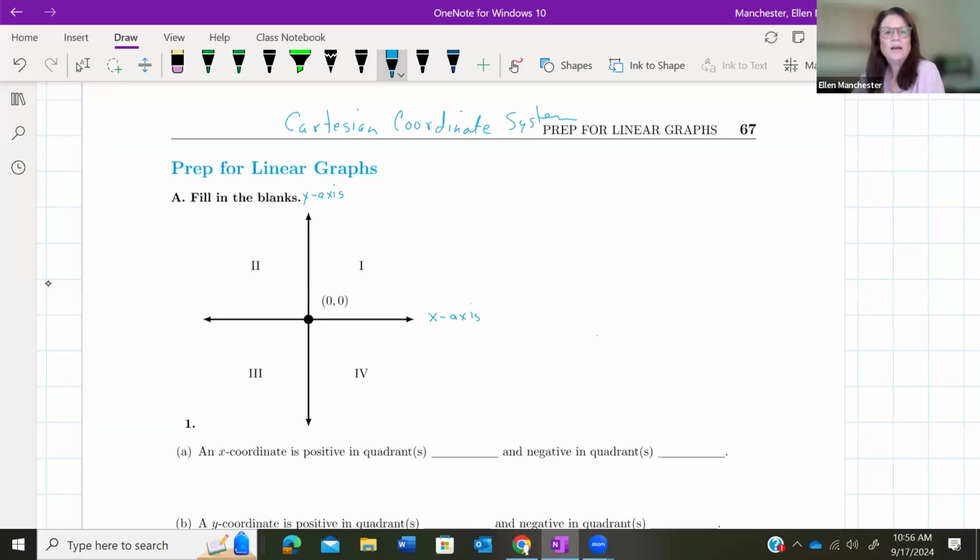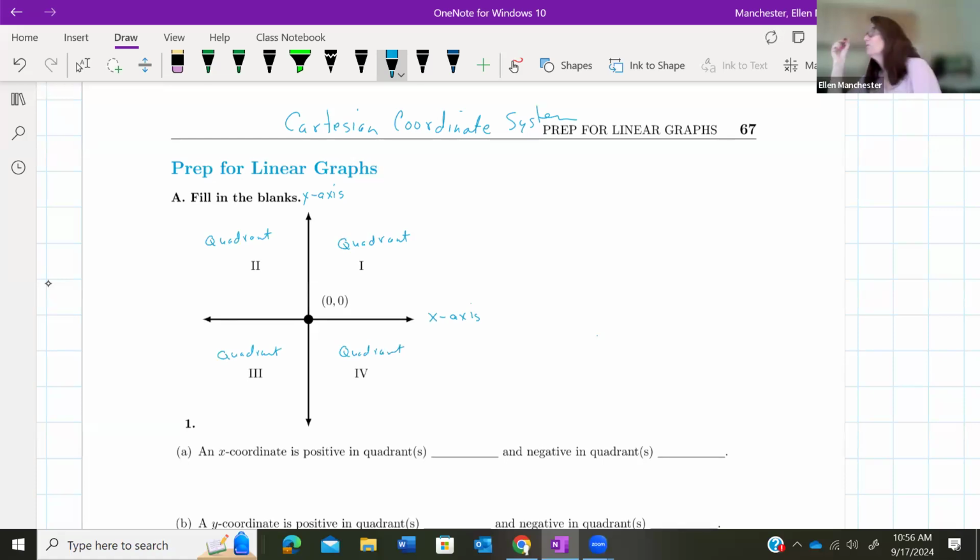Okay, and these are these Roman numerals. This is quadrant 1. This is quadrant 2. This is quadrant 3. And you can tell it goes counterclockwise, and quadrant 4.